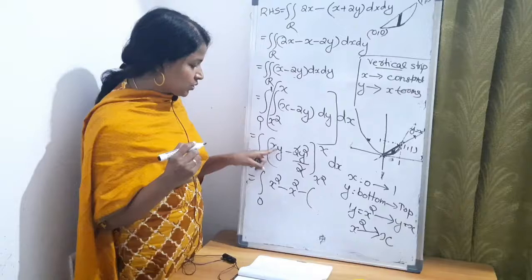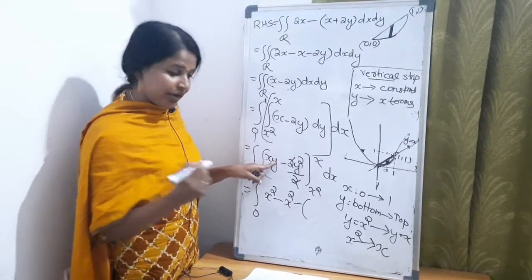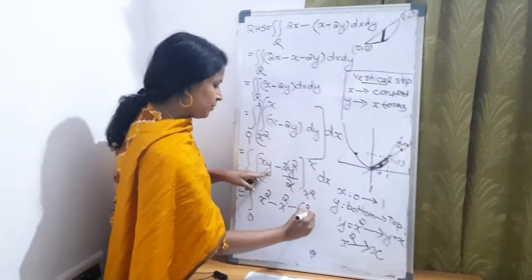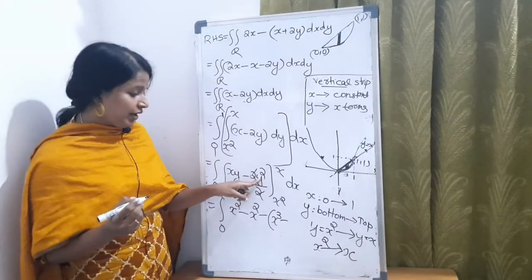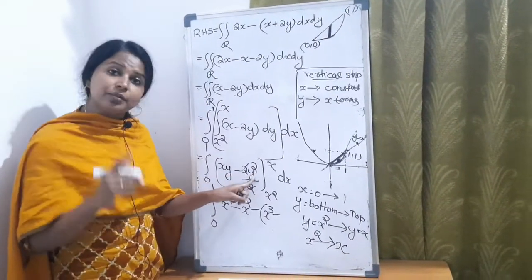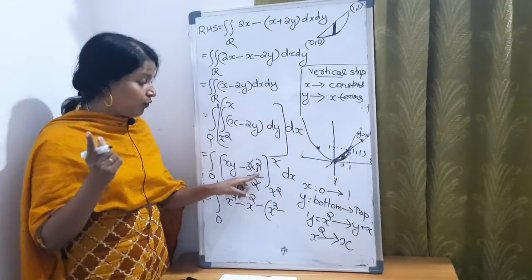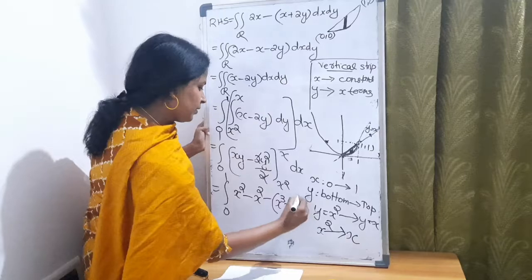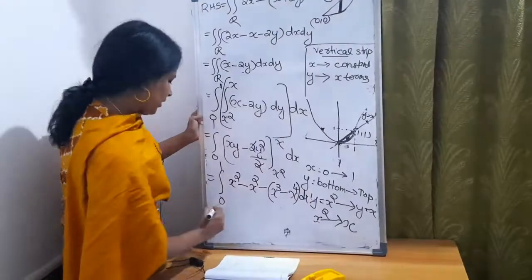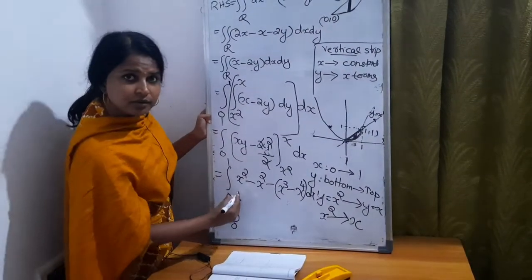Put y equal to x square. Here x into x square, x cube, minus y square, which is x square square, that is x raised to 4, into dx.